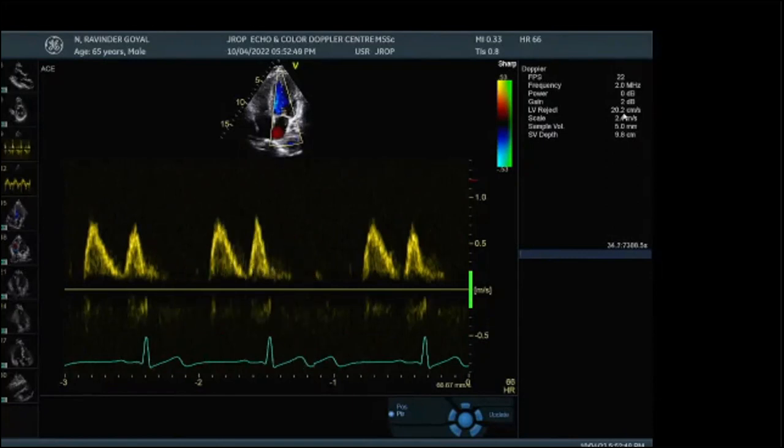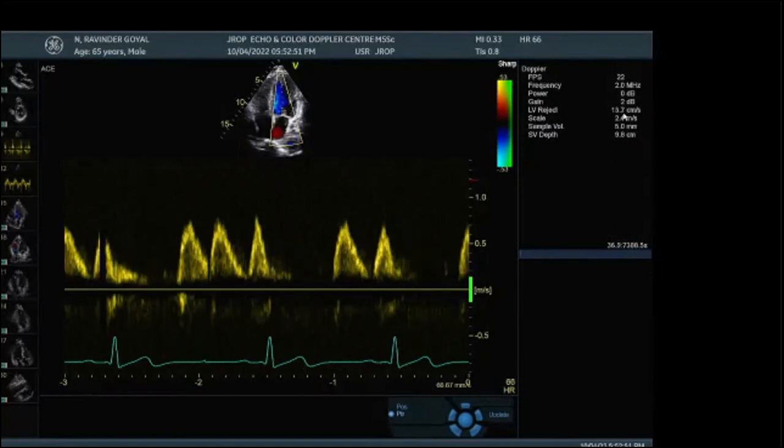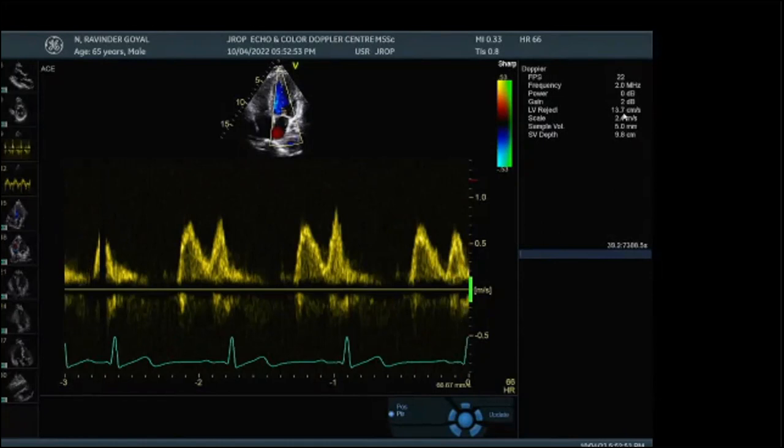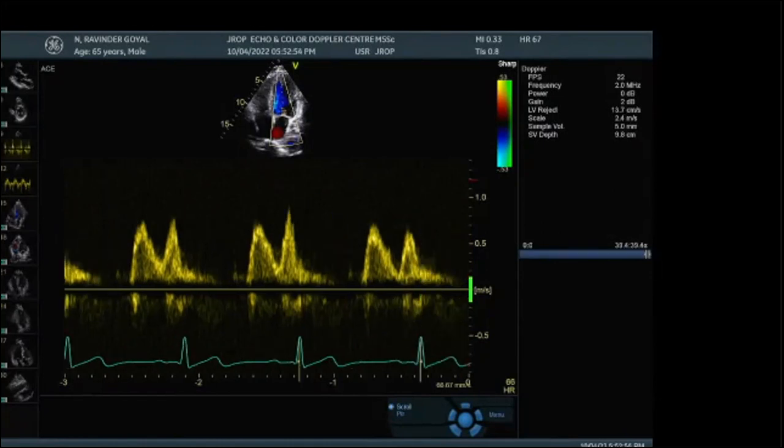This should not be cut off from the baseline, and that's why we reduce it to 13.7 in our machines. Many machines will not talk of this 13.7. Many machines will talk of a filter in hertz, and roughly the filter is about 300 in the majority of machines. So keep your filter between 300 to 400, and that'll be great for your machines.